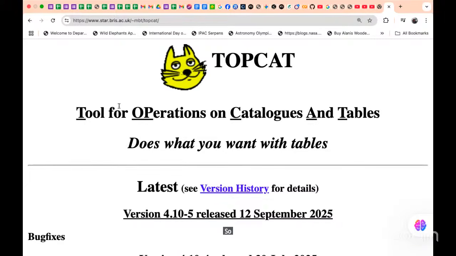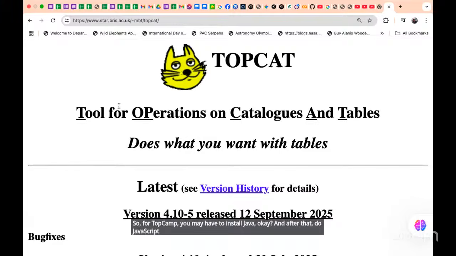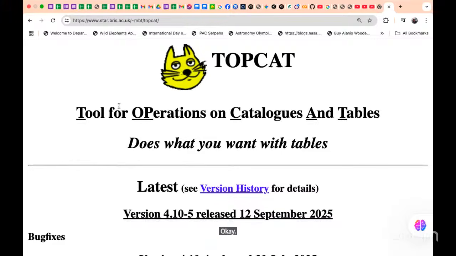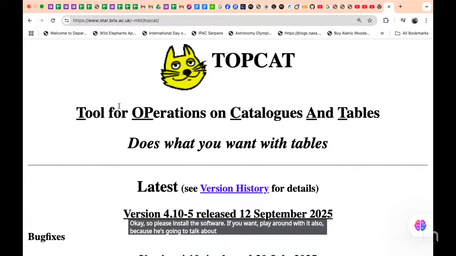So for TopCat, you may have to install Java. TopCat is from the University of Bristol, and like I told you, the person who wrote the software is called Mark Taylor. He'll be talking to us tomorrow after lunch. So please install the software. If you want, play around with it also, because he's going to talk about some stuff about that. So TopCat is one thing you're going to install.